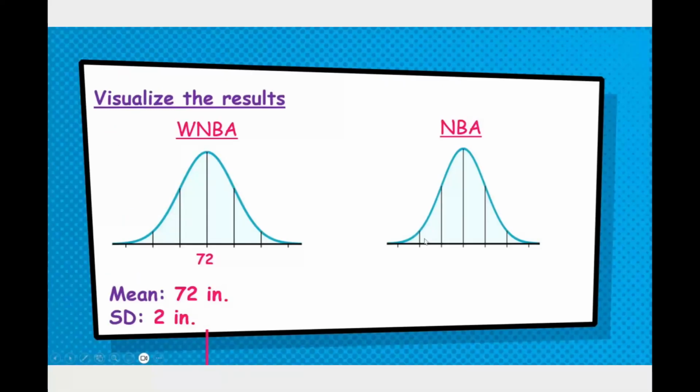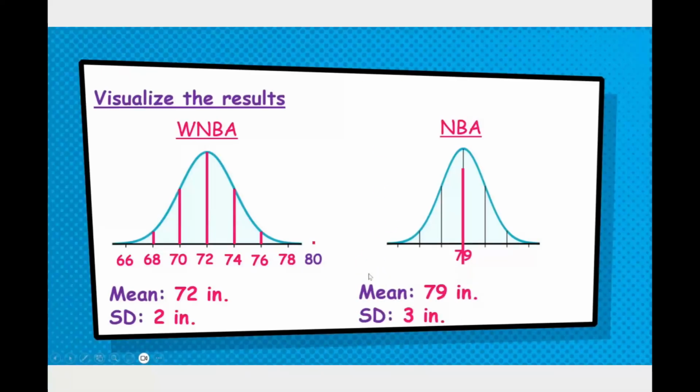So to visualize the results, here's what we're looking at. Here's the WNBA. Where would 80 inches fall? These are going by 2s. This is way out here where that area is almost completely flat, right? So that's way more unusual than when we look at the NBA. We label everything accordingly, and we put our point.